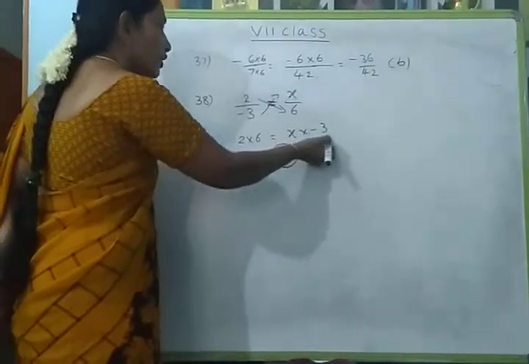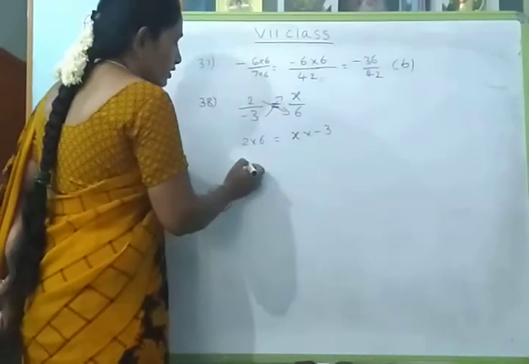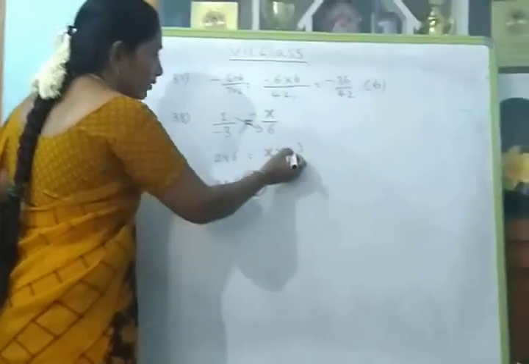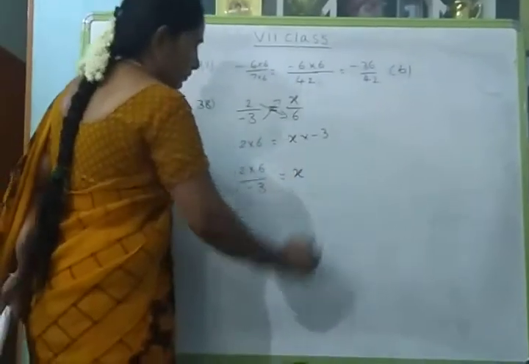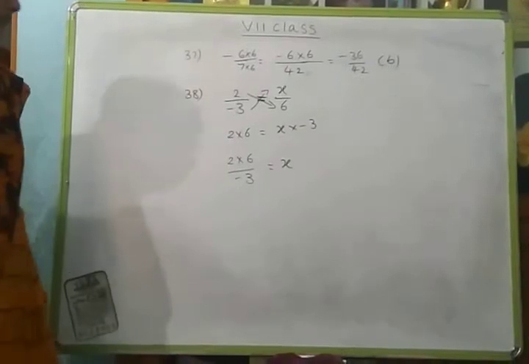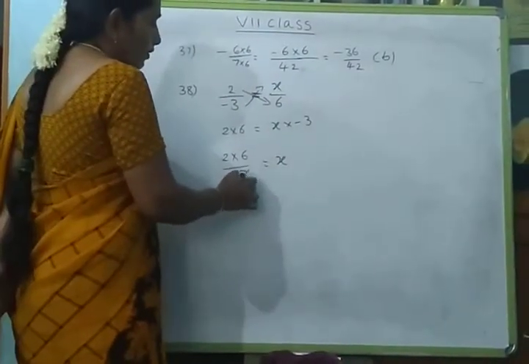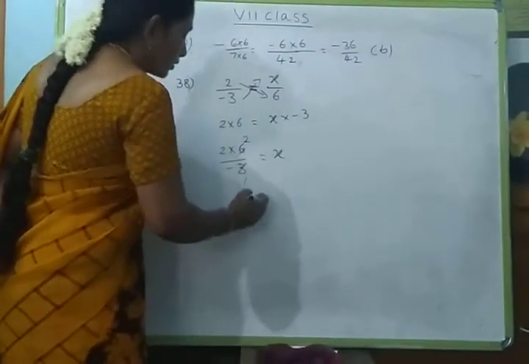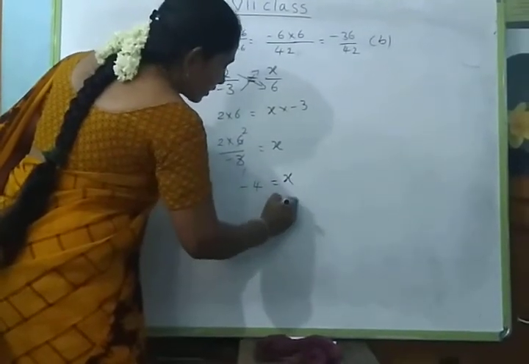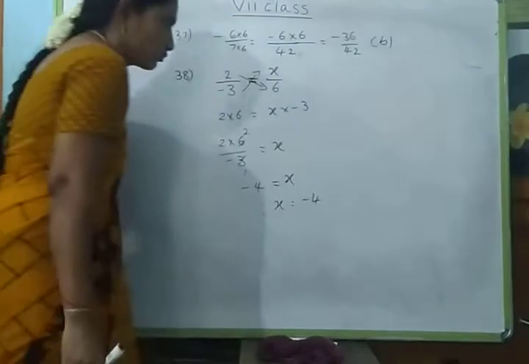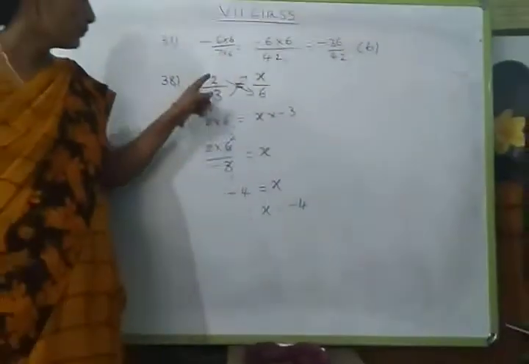We need the x value, so -3 is not needed here. You transpose this side. So here multiplying 3, if you transpose, it will become division. So the x value is this. If you simplify, 3 1s are 3, 3 2s are... 2 2s are how much, Nana? 4, -4. So what is the x value? Therefore the x value is -4. Understood here?